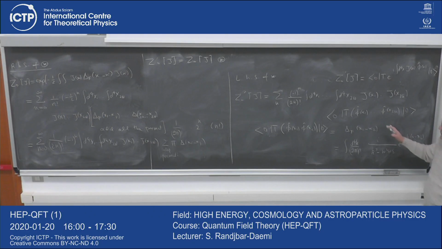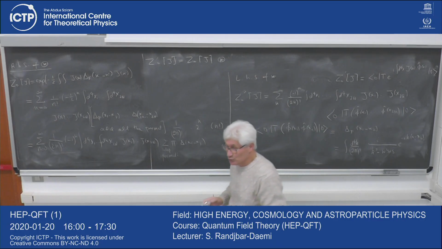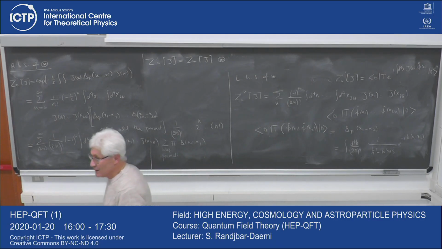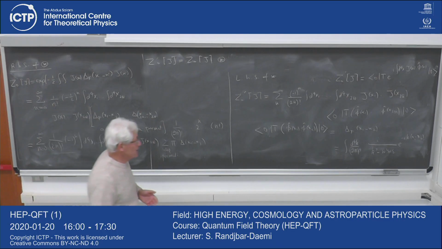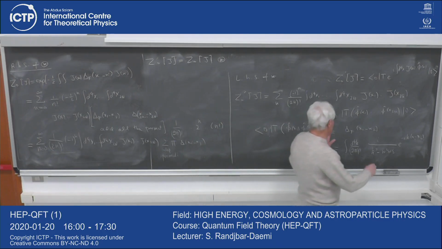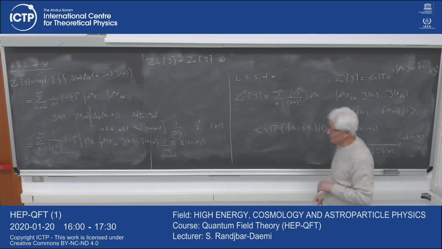So, coming back to here, we have to contract pairwise all the phi's. All of them should be contracted with each other. Therefore, you will produce the product of Feynman propagators. And the combinatorics of Wick's theorem tells you that what you will produce from here is precisely what we have here.